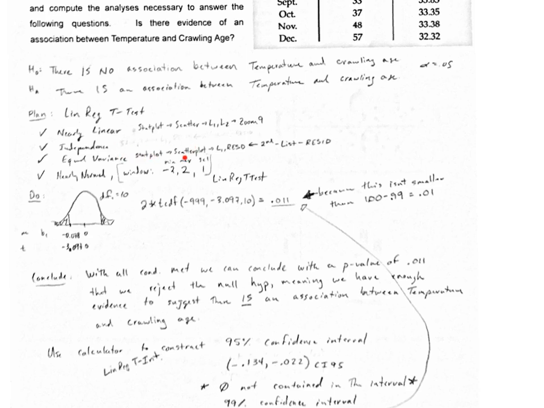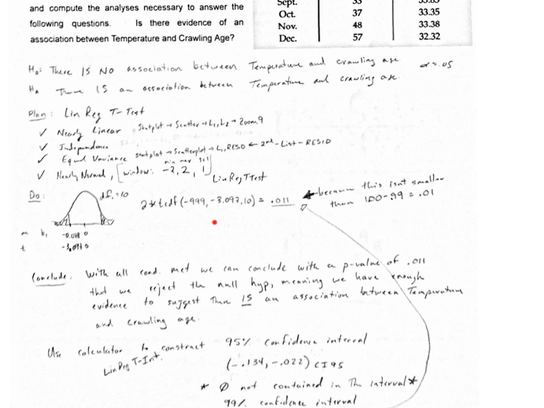Okay, equal variance. We need to look at the L1, the X variable, against the residuals in order to find out, is there some pattern with that scatter plot. So in order to do this, you first need to run the linear regression t-test.